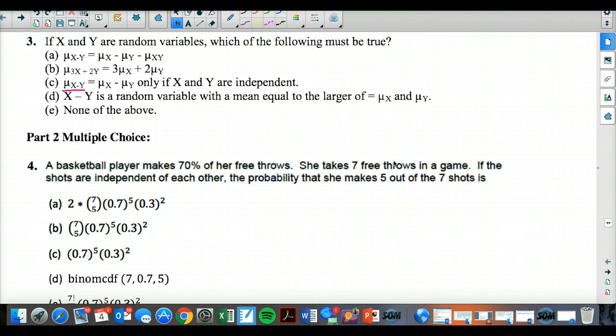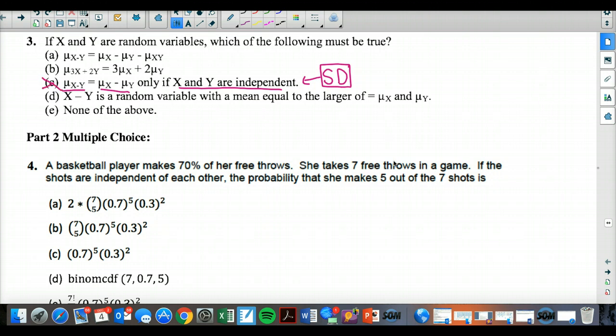The mean of X and Y is the difference if they're independent. Independence is required for what? There is a requirement for independence. They're actually applying it in the wrong place. It is not required for means. What is it required for? Standard deviations. You must check for independence for standard deviation.